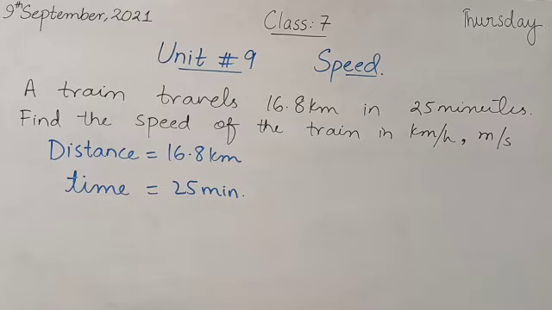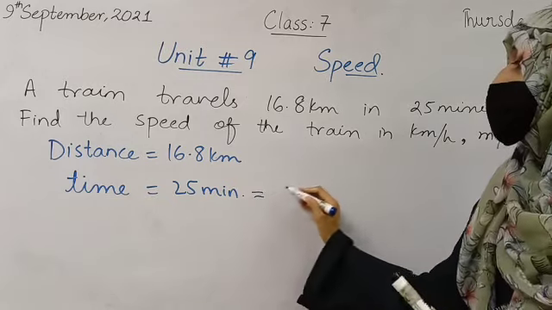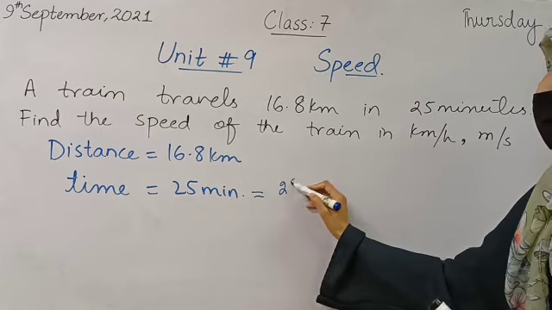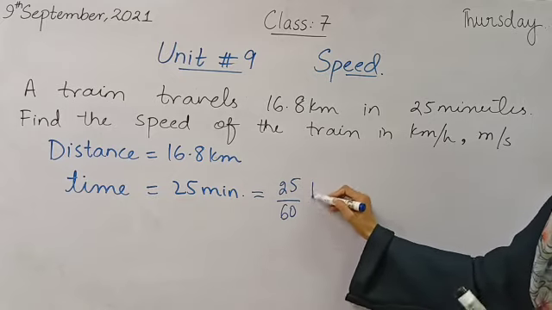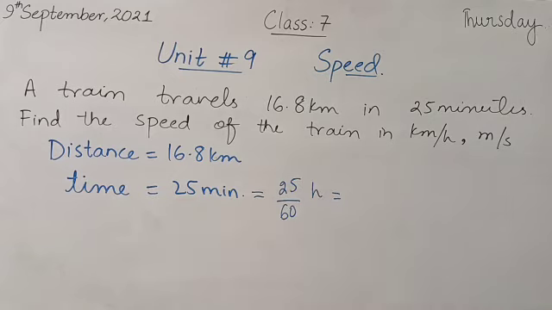So, what should I do to find out the speed in kilometer per hour? Good. First of all, you will convert minutes into hours. Distance is already in kilometers, but we have time in minutes. So, first of all, we will divide by 60 to convert this time into hours. Okay?